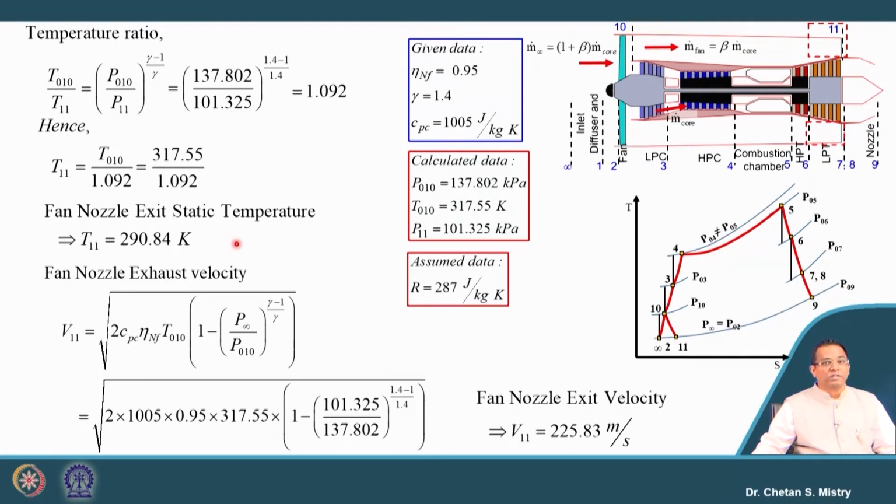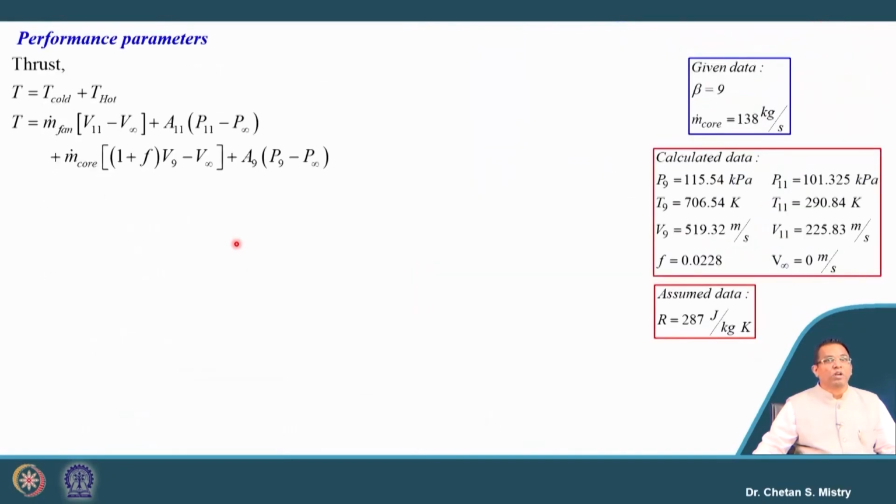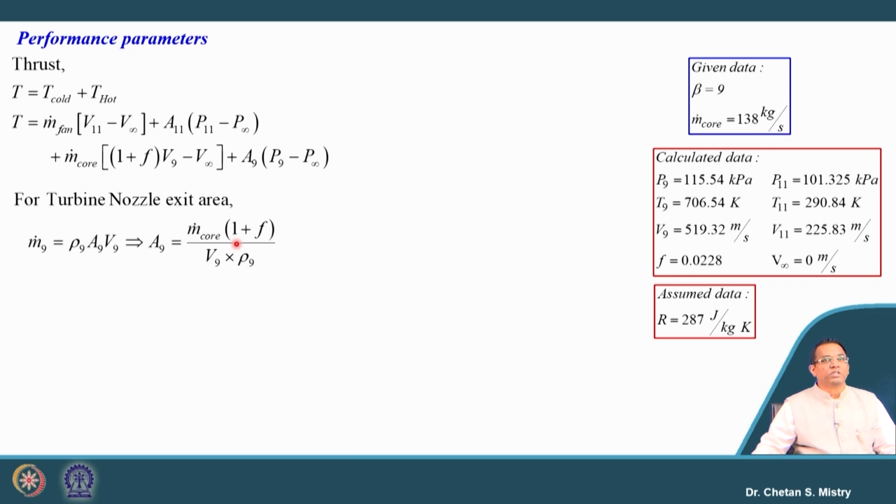For both hot thrust and cold thrust we are interested in momentum thrust, momentum drag as well as pressure thrust. Now, in order to calculate our pressure thrust, we must know the area at the exit of my nozzle. Okay. So, let us try to put this in terms of calculation.